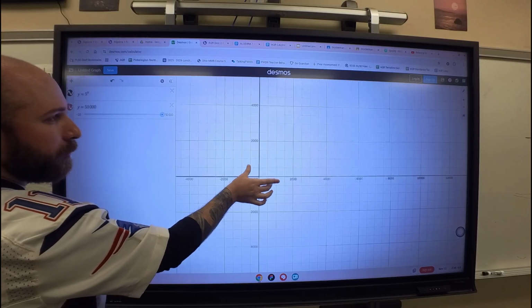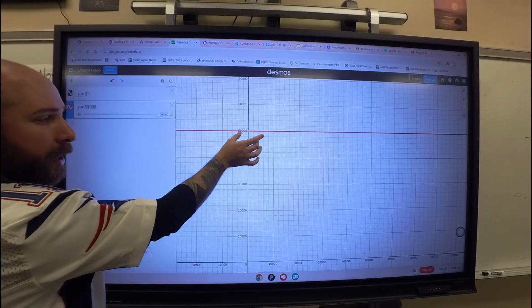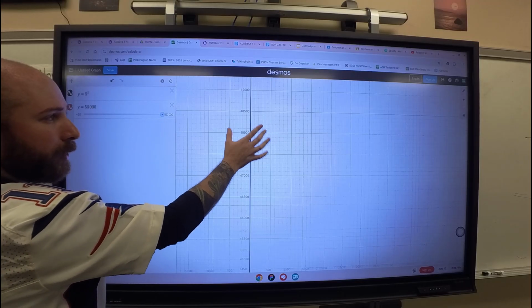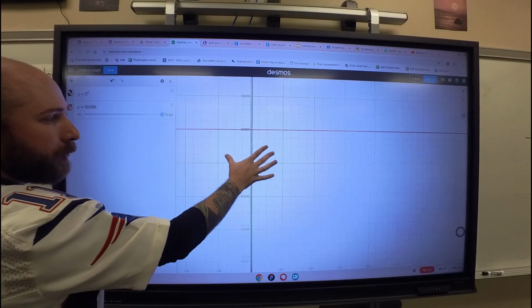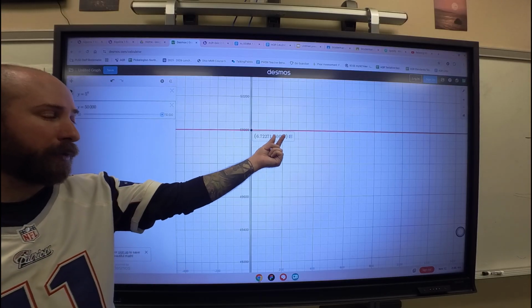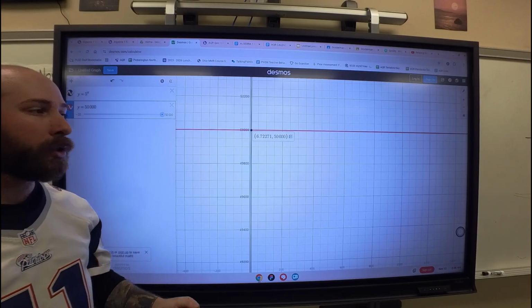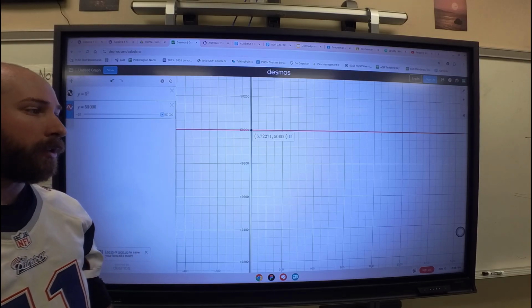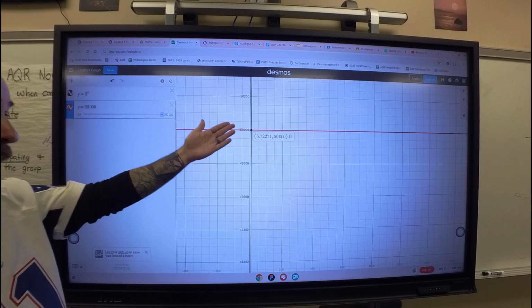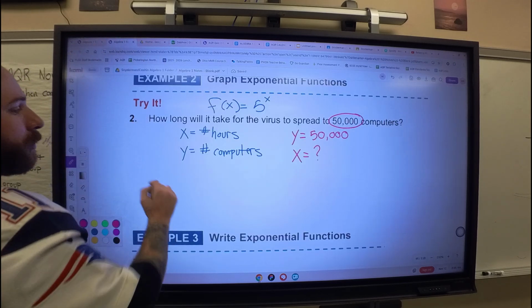And as I continue to zoom out, I can see that there is an intersection between these two graphs. And I'm going to find that intersection point. And it tells us right here at 50,000 computers, it's going to take 6.72 hours in order to do so. So the graph does all of this work for us. 6.72 hours.